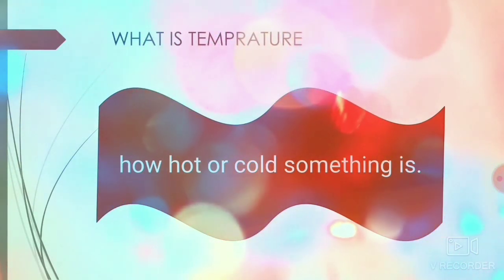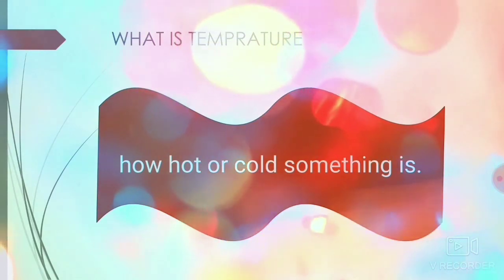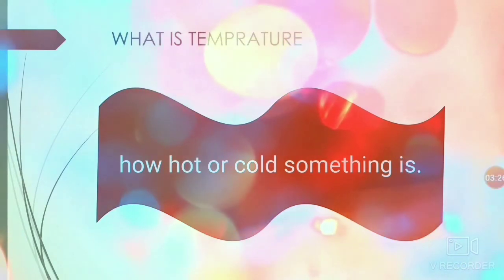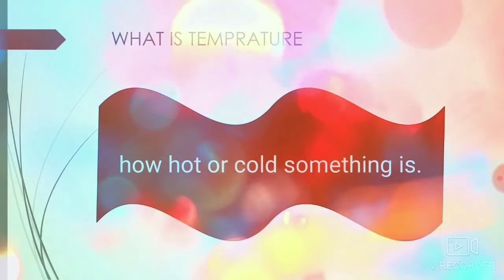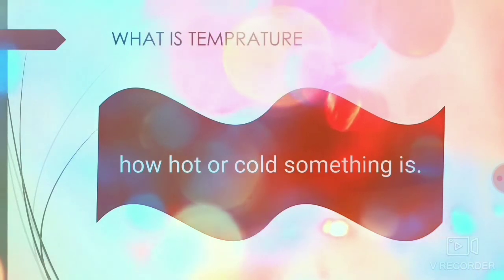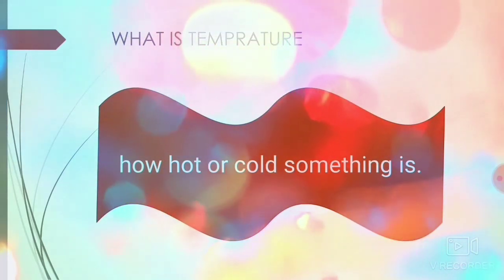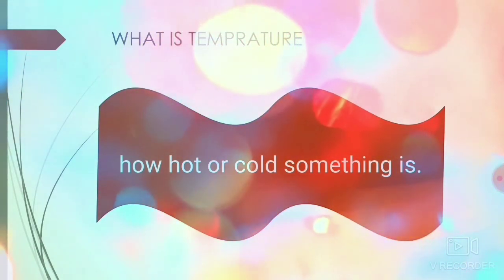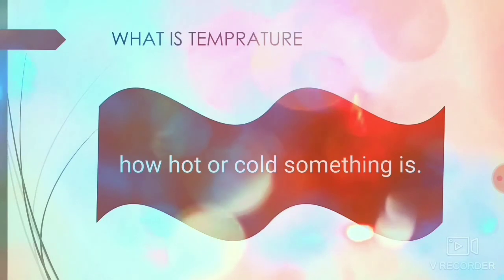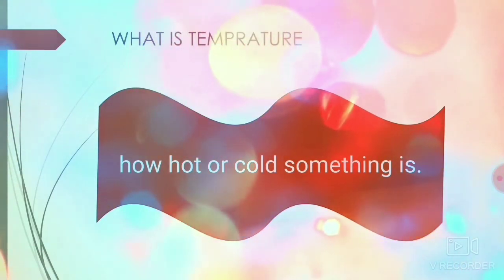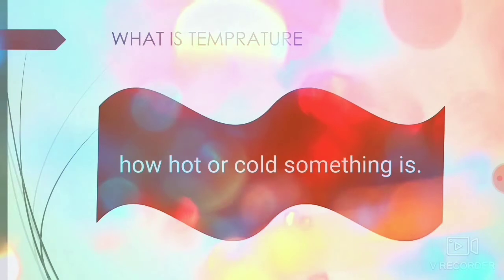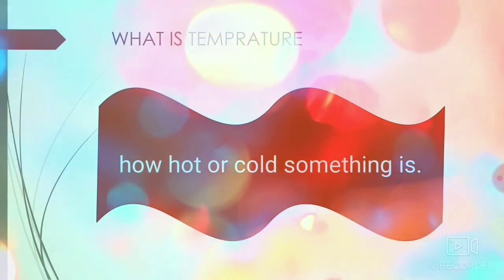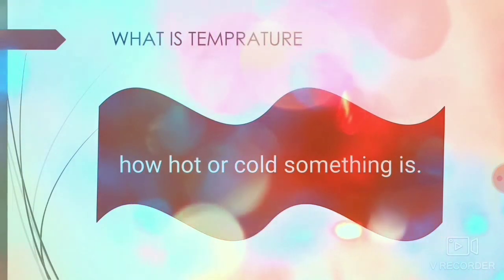The thermometer has two mercuries inside two thin bottles, in which one bottle shows the minimum temperature of the atmosphere, and in the other thin bottle it shows the maximum temperature of the atmosphere. So like this, the meteorologist department finds it and tells us about the atmospheric temperature.